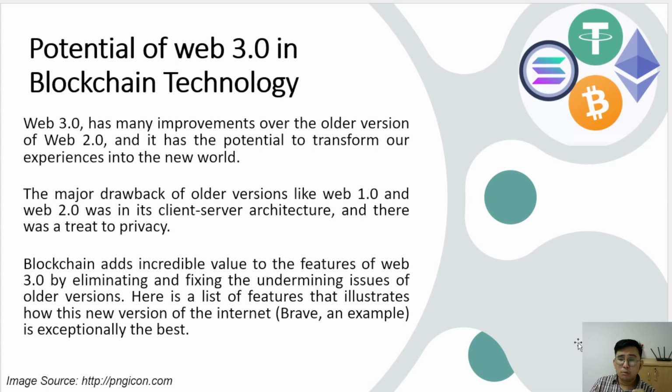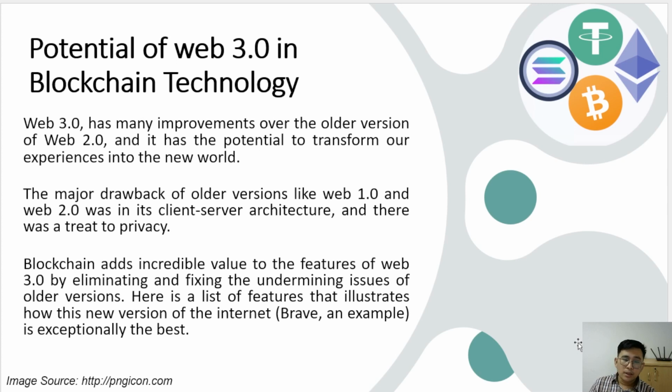The major drawback of versions like Web 1.0 and Web 2.0 was the client-server architecture, which is limited. But in 3.0, we can have blockchains, which add incredible value to the features of Web 3.0 by eliminating and fixing the undermining issues of older versions.